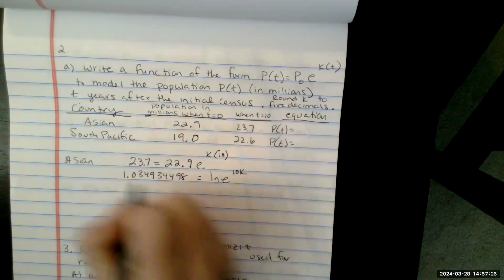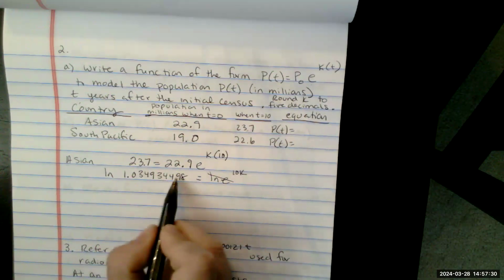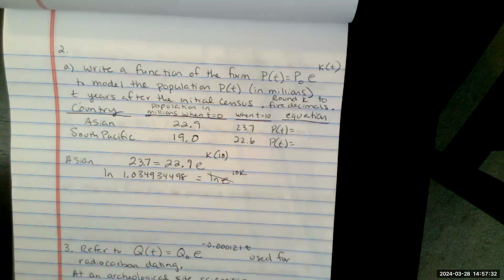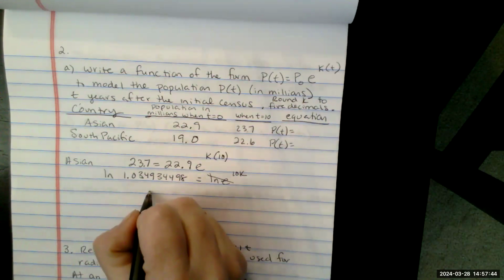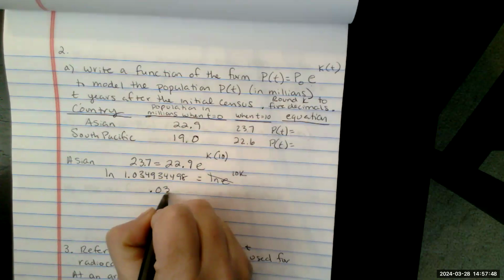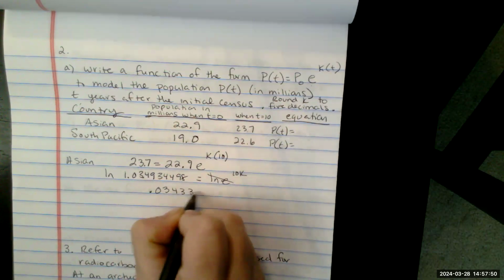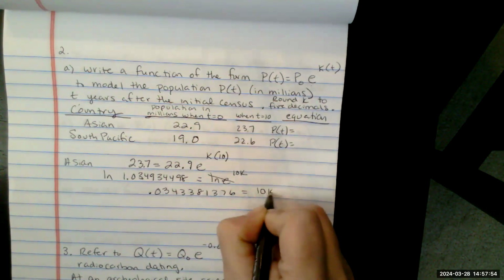Now we will do the ln of both sides. It's best if you can keep this number in your calculator and do ln of that answer. If you can't, then you're writing down as many numbers as you can. We'll get this, and then we'll divide by 10.